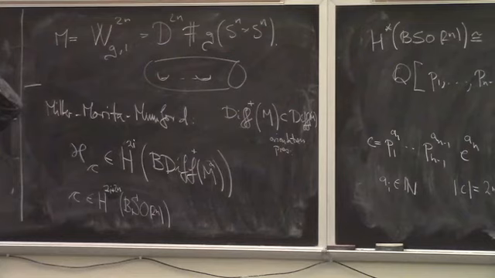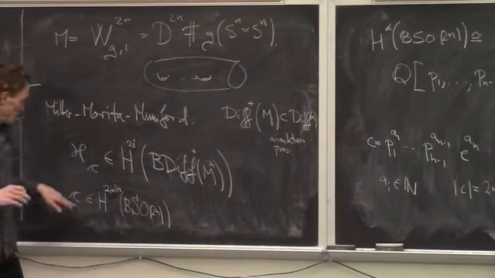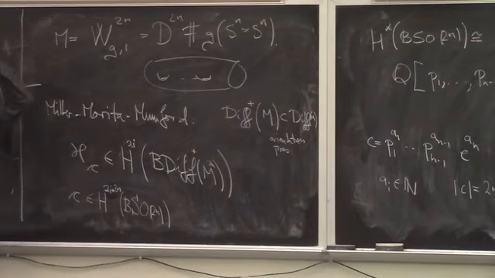There's a fiber-wise integration map from cohomology of the total space to cohomology of the base that decreases degree by the dimension of the fiber. Then apply this class to the fiber-wise tangent bundle and fiber integrate that. That's the definition.